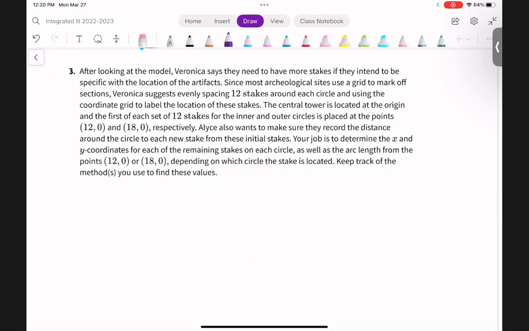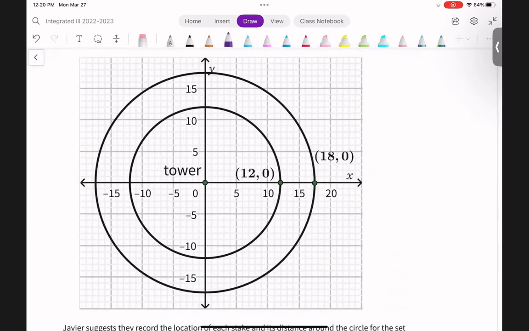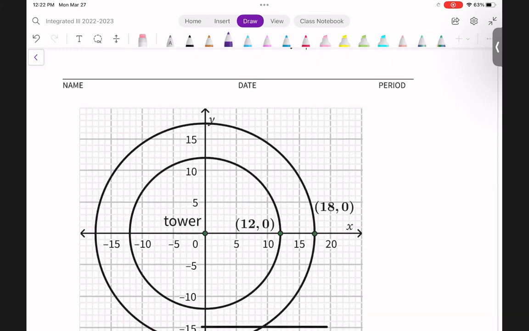Keep track of the methods you use to find these stakes. So again, your job is to find the location of each of these points.